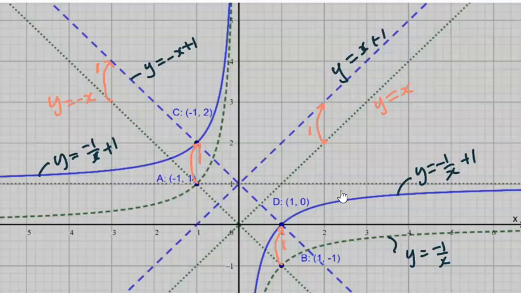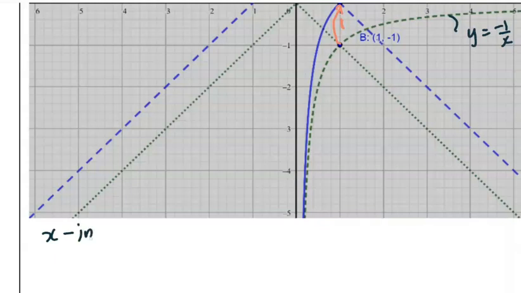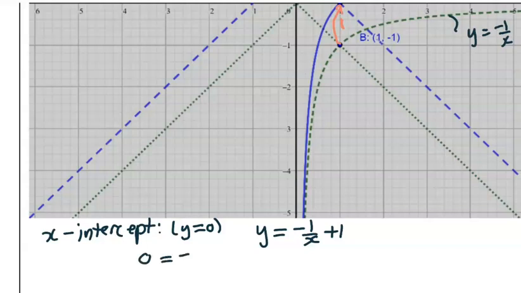Let us check that algebraically. The x-intercept, this is where y is equal to 0. So we have y equal to minus 1 over x plus 1. So 0 is equal to minus 1 over x plus 1. X is unequal to 0, so we can multiply by it.